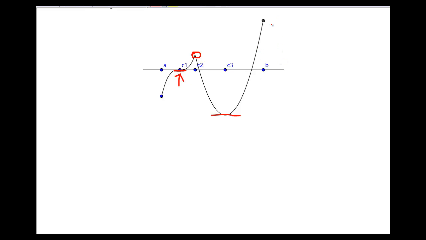To find the absolute maximum or the absolute minimum, as you can see in this example, the absolute maximum is at a boundary point, and the absolute minimum is at an interior point at a local minimum. So when we have a continuous function, where do we look for an absolute max or absolute minimum? We look either at a critical number or at a boundary point.